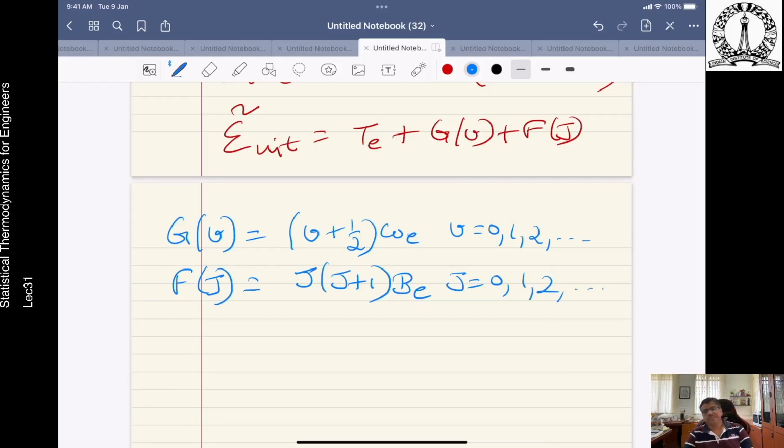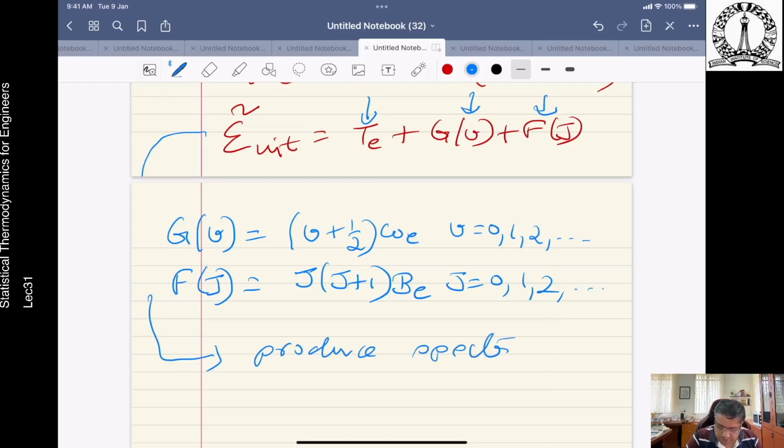On this basis, the main goal is how each of these terms, the electronic energy, rotational and vibrational, can produce spectroscopically relevant information.